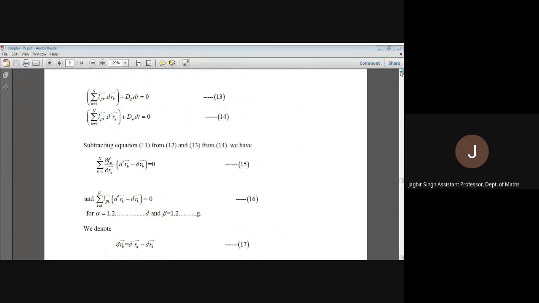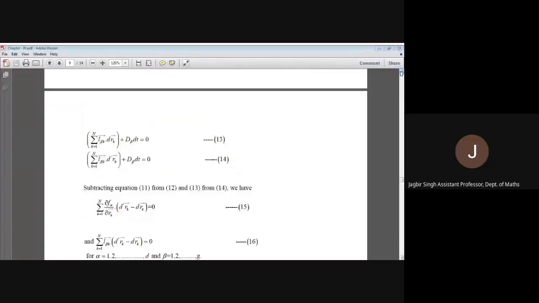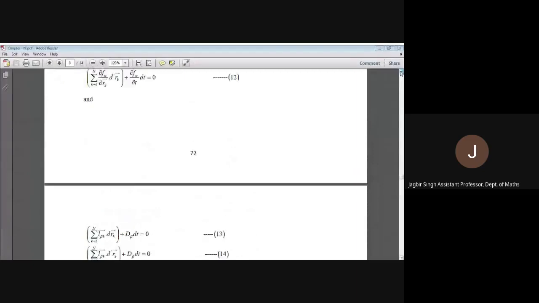Then replacing drk and d prime rk in the differential constraint, we will obtain the equations. We have equation number 13, 11 and 12.